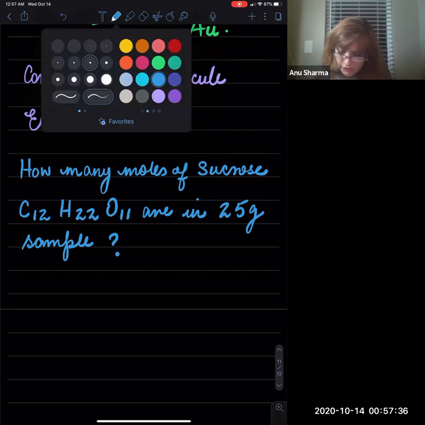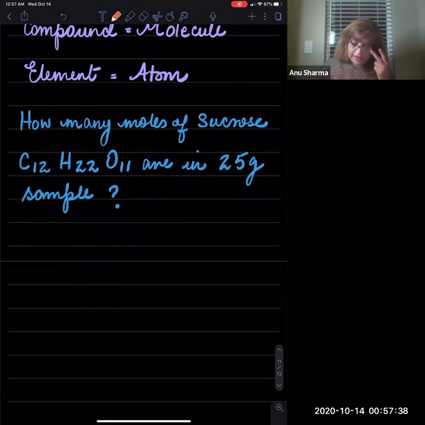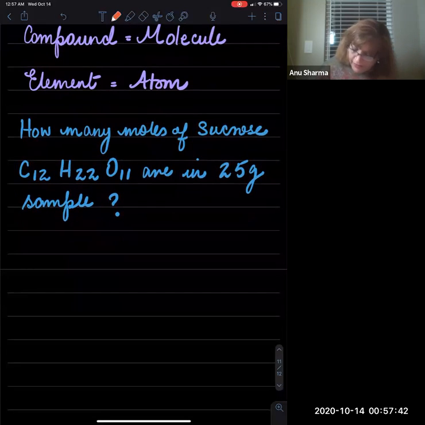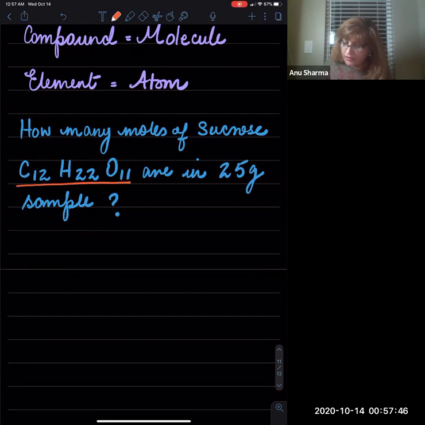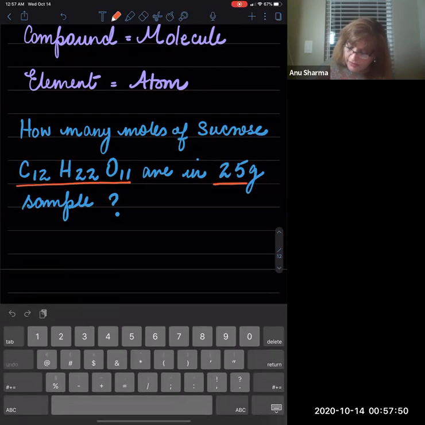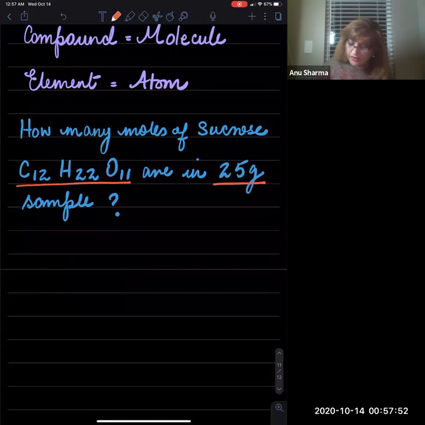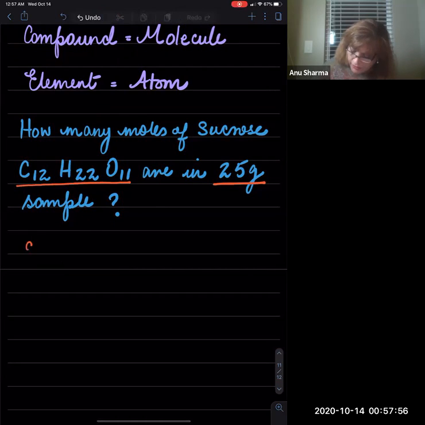So how are you going to do this? You are given the formula of sucrose, you're given the grams, and these are the steps. You are given the grams, and you need to find the moles.